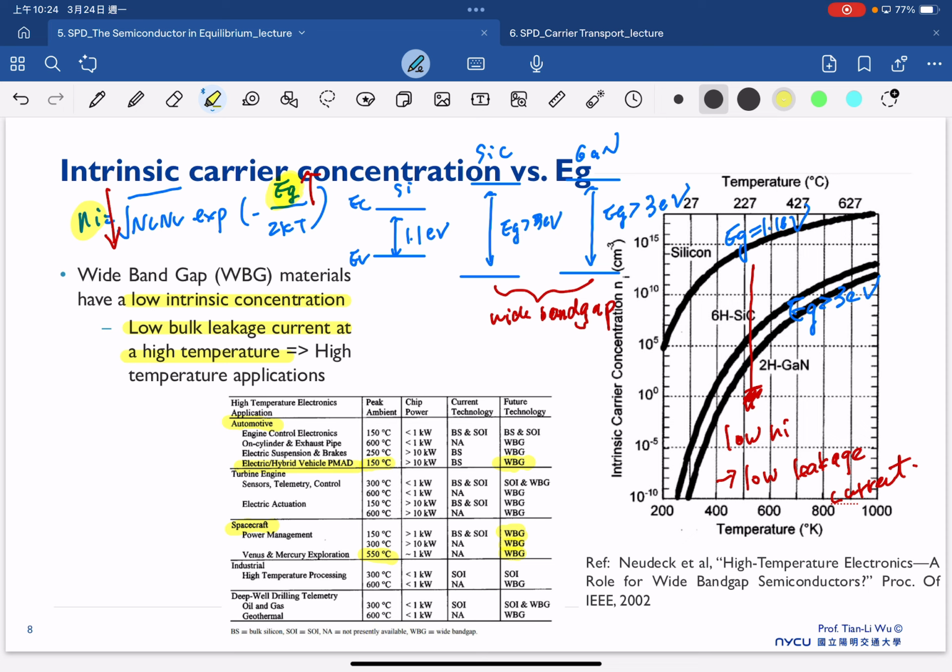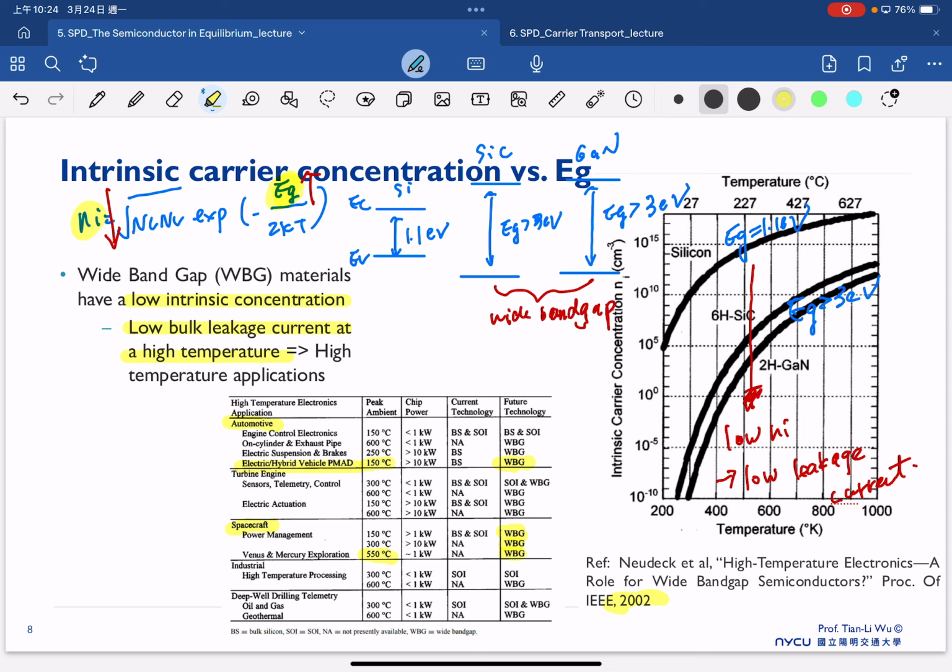And in the last 5 years, it's actually ongoing, everything is happening. This is a paper published in 2002. Already in 2002, there was a prediction that if we go for the electric vehicle, we need to use a certain wide bandgap semiconductor that's suitable for high temperature application.